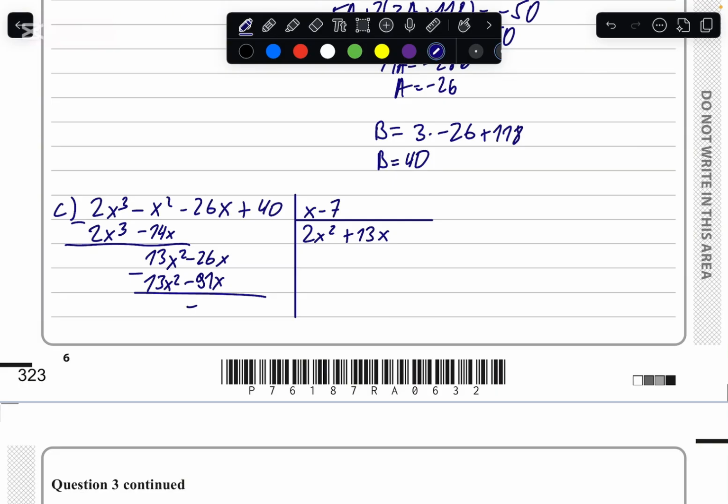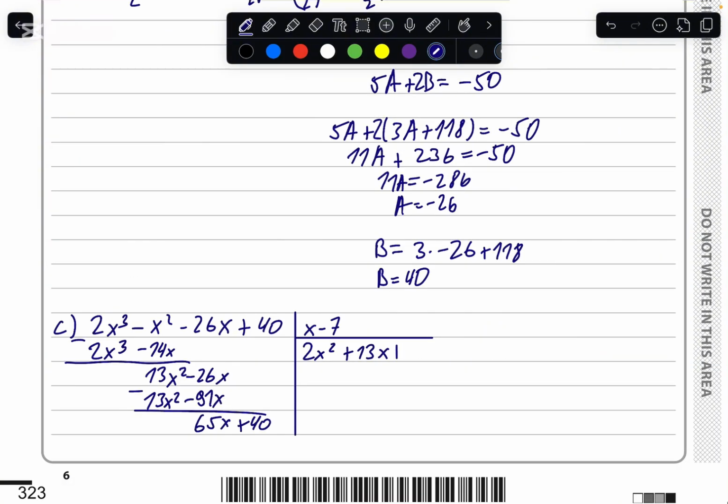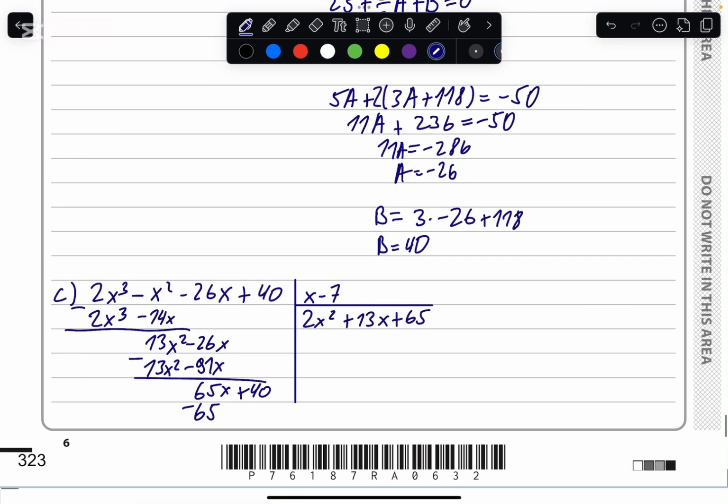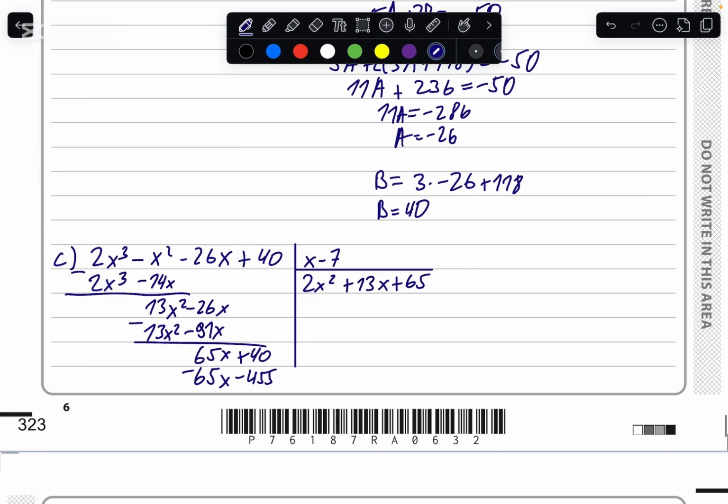That gives us 65x plus 40. And that goes plus 65 times. So we get minus 65x minus 455 times. And that gives us an answer of 495.